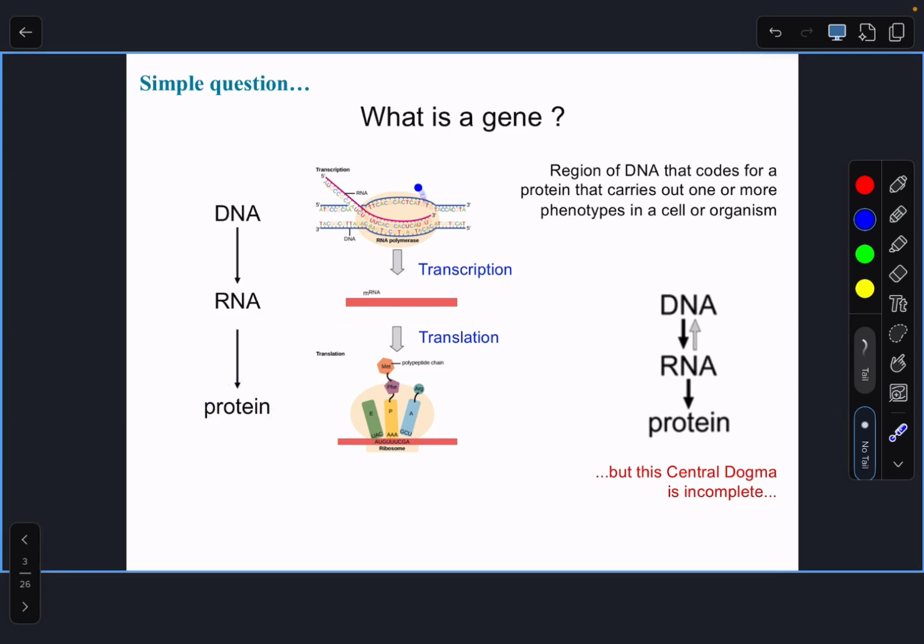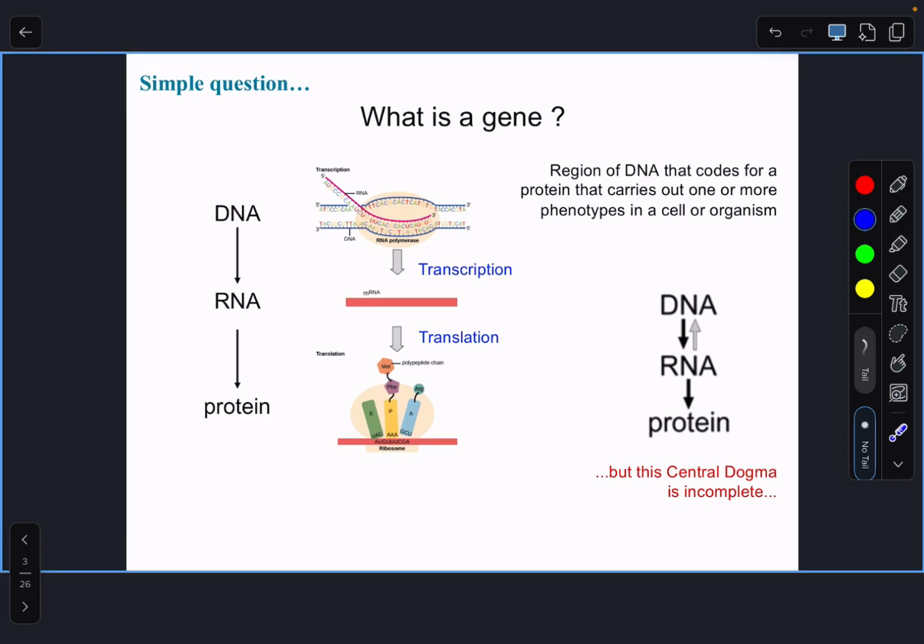We see all kinds of cartoons, even in textbooks, the same textbooks that you guys are studying from will have drawings like this that somewhat imply that the genes are those regions of DNA that get transcribed into RNAs that get translated into a protein. And this is a depiction of the central dogma that some of you answered an assignment over the weekend addressing why this depiction is incomplete.